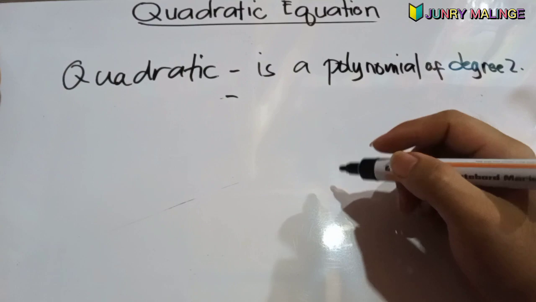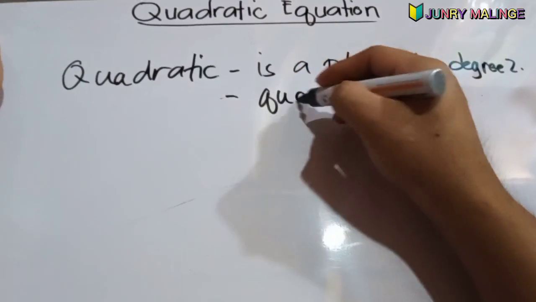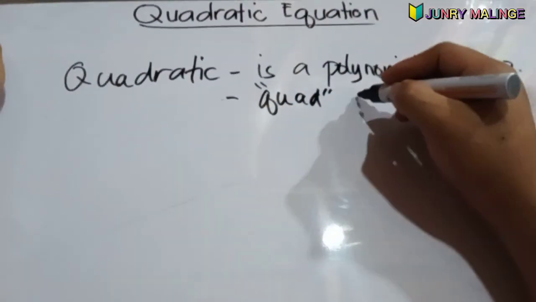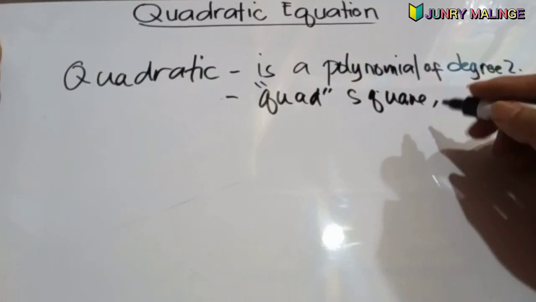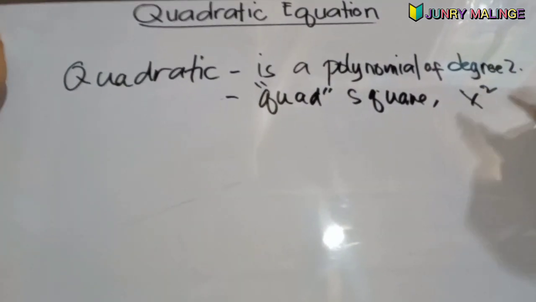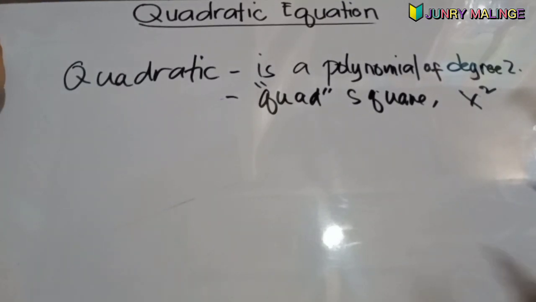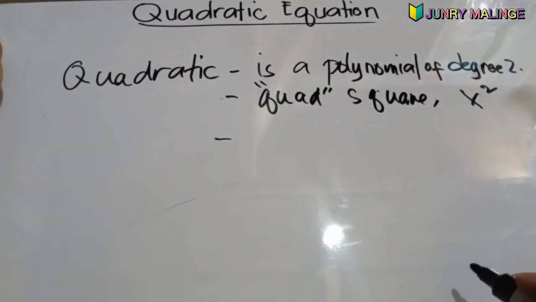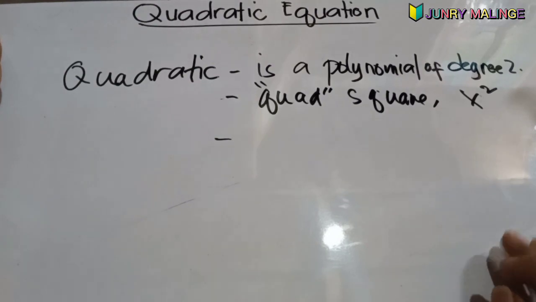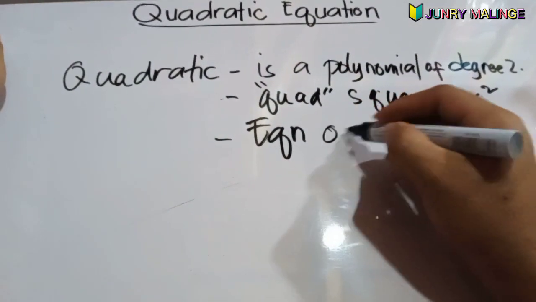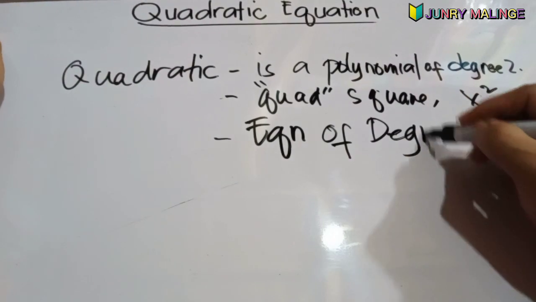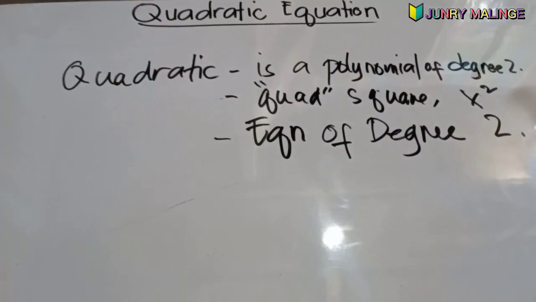Quadratic comes from the word quad. Quad meaning square, because the variable gets squared like x raised to the power 2. It is also called quadratic equation, ito rin ay tinatawag na equation of degree 2. Nakuha.